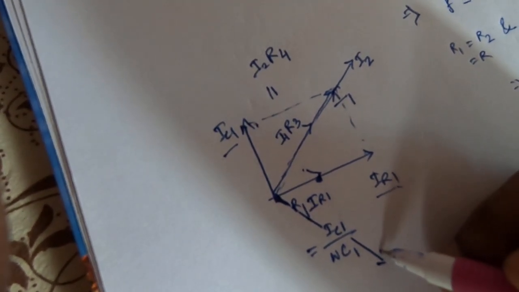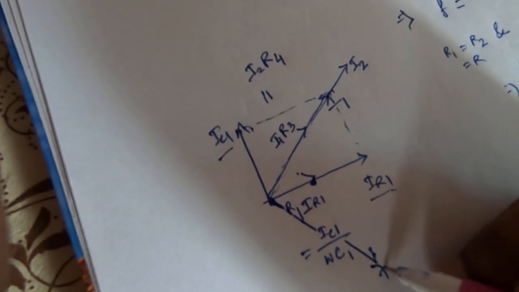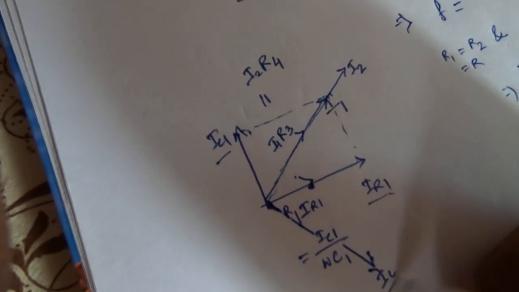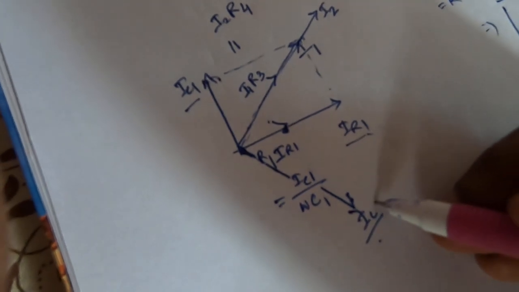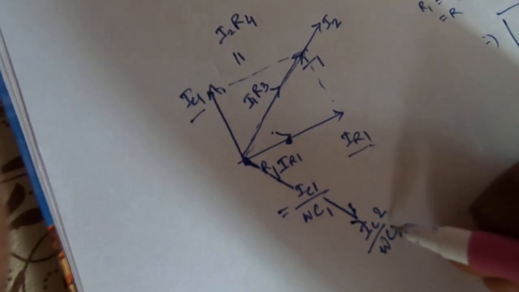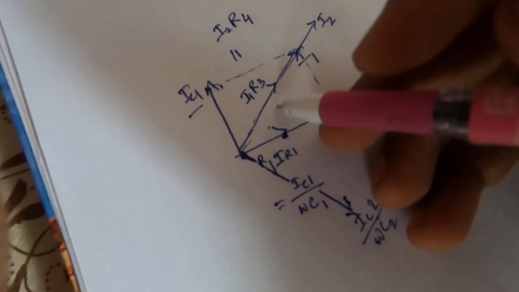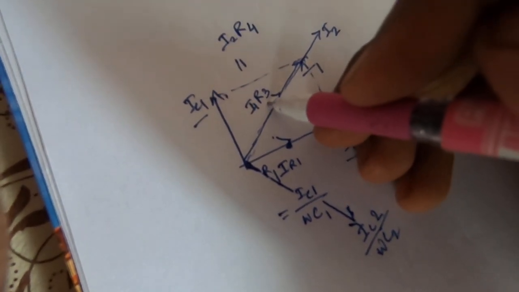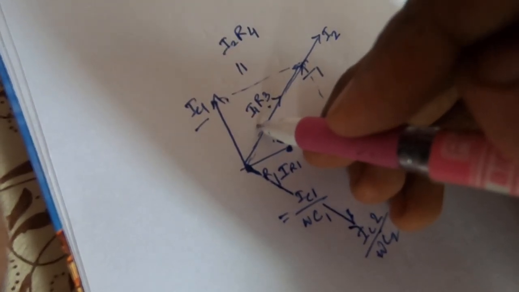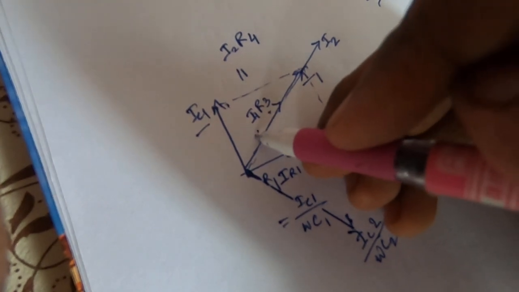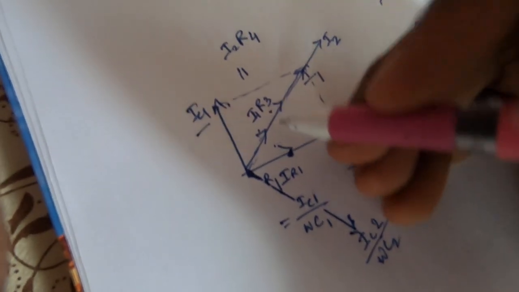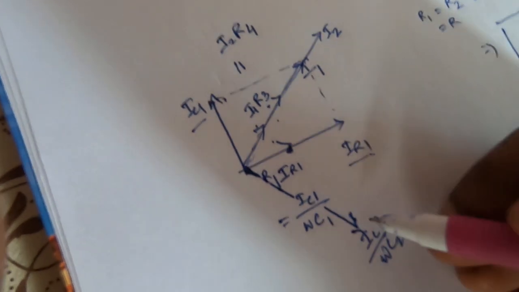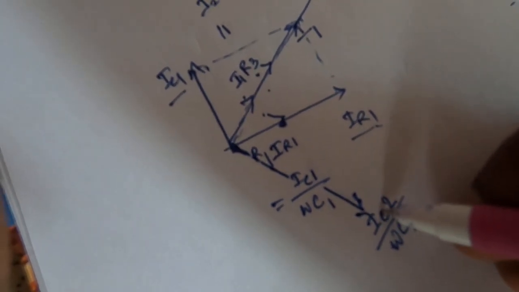The phasor is I2 by omega C2, sorry, this IC2 by omega C2, and 90 degrees leading to this will be the other one, which is, you tell me, I2 R2. This is IC2, better to write this as I2 also.